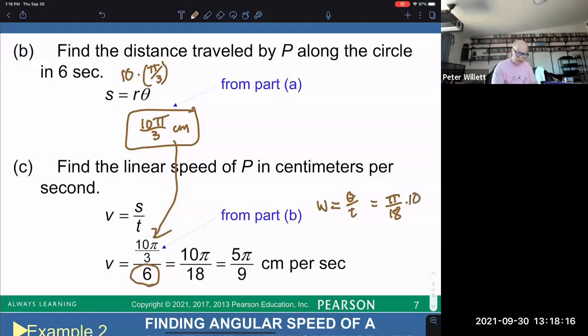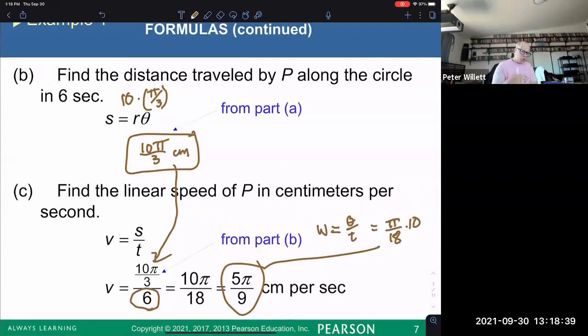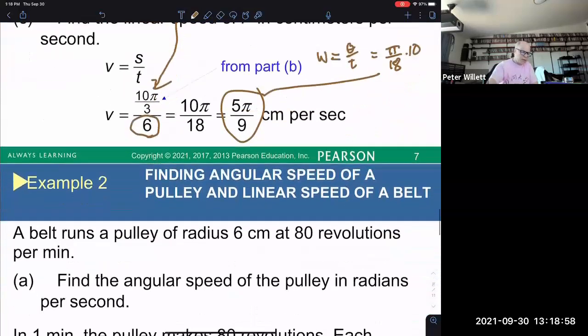And if you multiply by 10 and reduce that, you get the exact same number. That seems a little bit more straightforward to me than what they did in this little formula, but either way it will work. So we basically have these two little formulas for linear and angular speed, and we're going to sort of use those back and forward different ways. They'll give you a couple of parts and ask you to find another part. So you have to kind of look at the parts they give you and plug those in and find out how to get the part they want. Might be theta, might be linear speed, whatever.